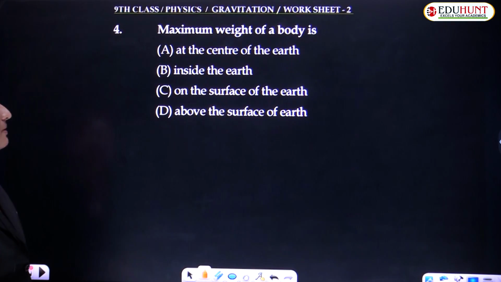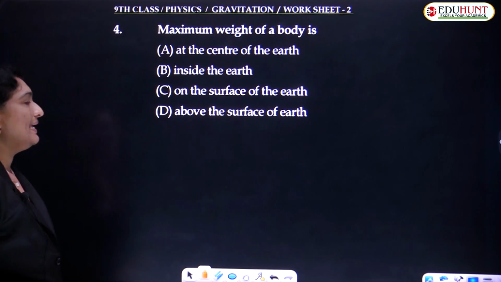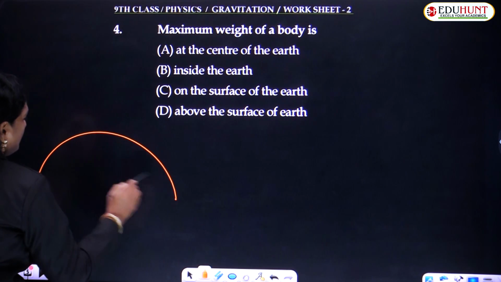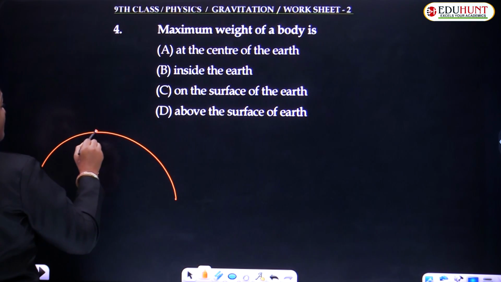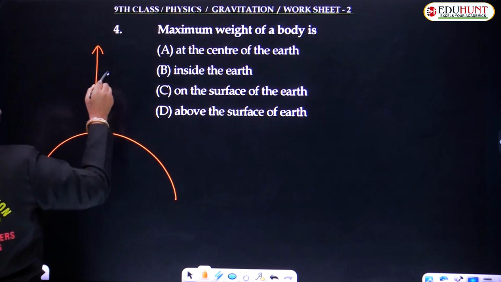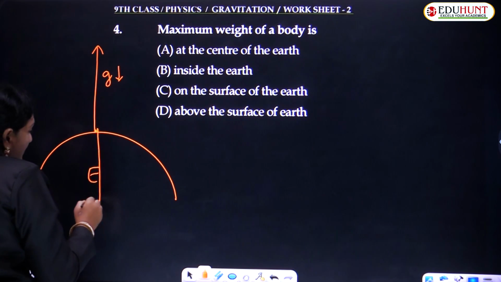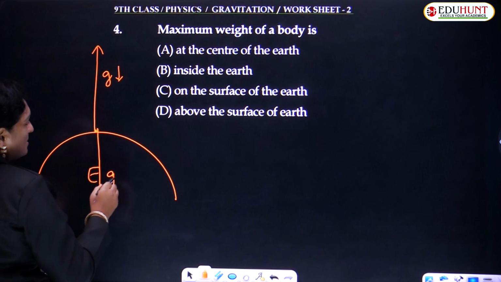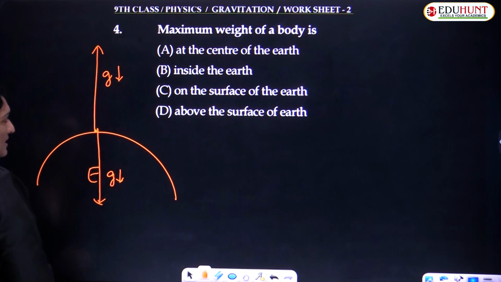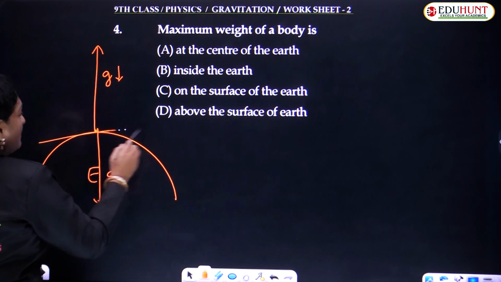Well, fourth question: maximum weight of the body is. Children, as we move away from the surface of the earth, the value of acceleration due to gravity decreases. Similarly, as we move towards the center of the earth also, the value of acceleration due to gravity decreases. Then where will be the maximum value?